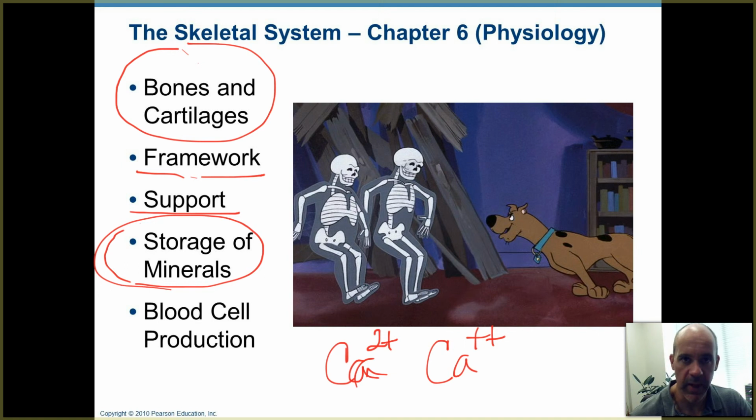Very important for many different aspects of bodily function. We'll hear a lot about it when we cover the muscular and the nervous systems. And calcium is so important that your body actually has to store it in your bones so that it can be harvested on an as-needed basis. So we'll talk quite a bit about that during this unit.